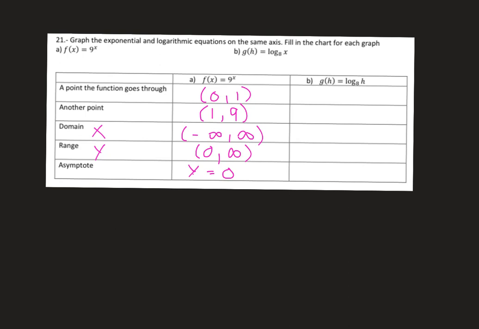If we take a look at that and graph it, 1, 2, 3, 4, 5, 6, 7, 8, 9. It's going to go through the point 0, 1 and 1, 9, and then come down and approach the asymptote.